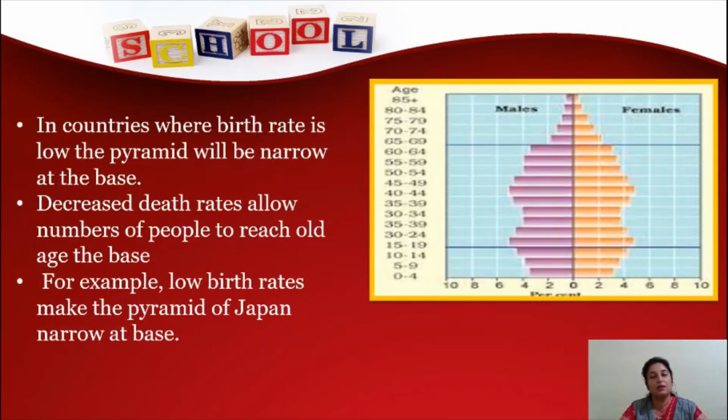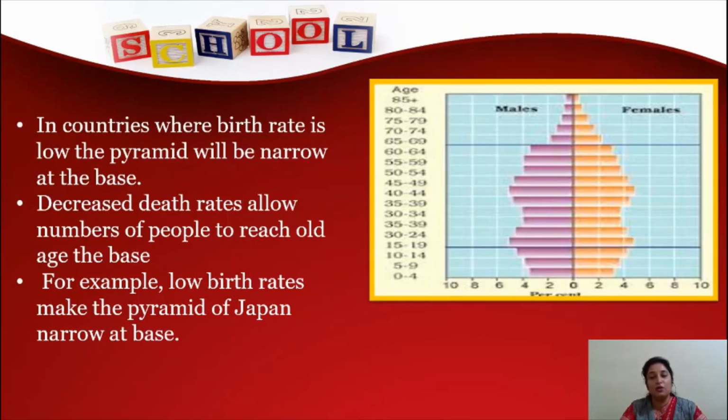And the last one is the population pyramid of a developed country. Over here we see that in countries where the birth rate is low, the pyramid will be narrow at the base. Can you see at the bottom of this population pyramid, as compared to the previous two population pyramids, the bottom is very narrow. Decreased death rates allow large numbers of people to reach old age.